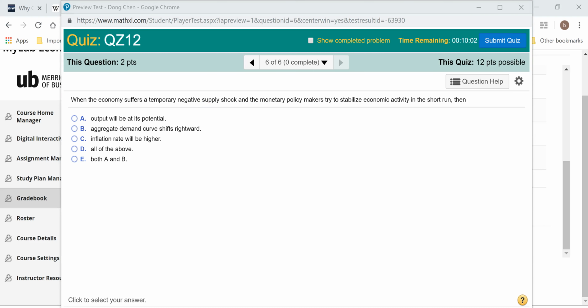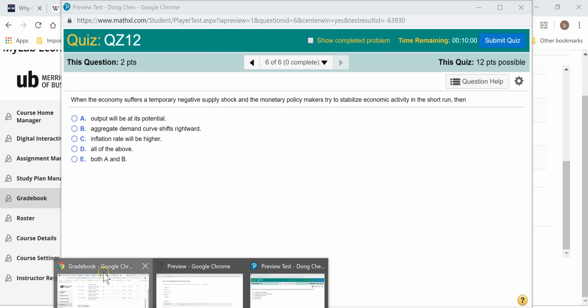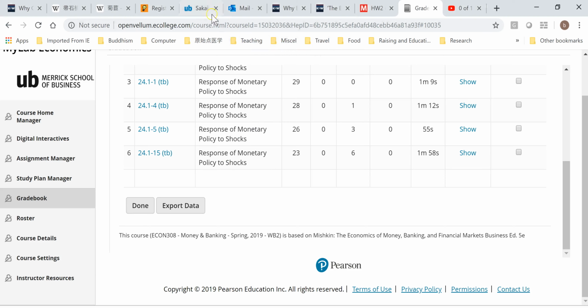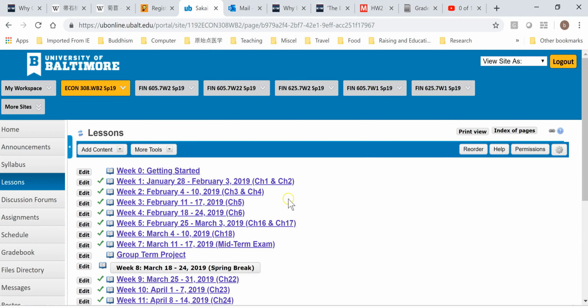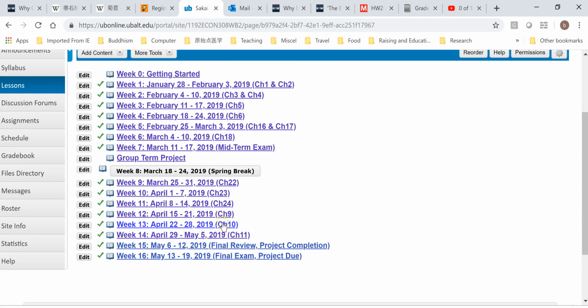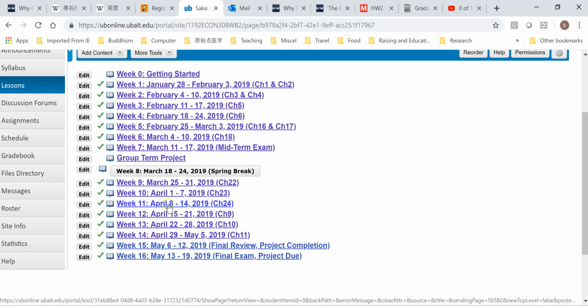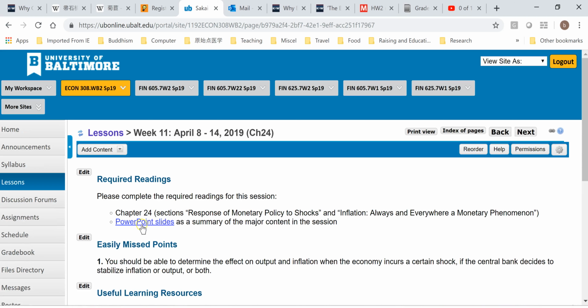It's better to understand this with a graph, which we can pull out from our lessons, the chapter 24 PowerPoint lecture slides from week 11.